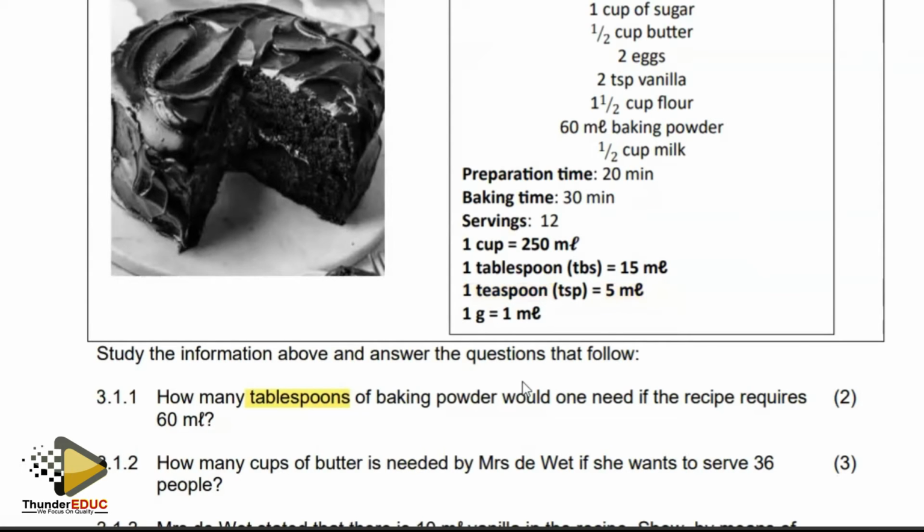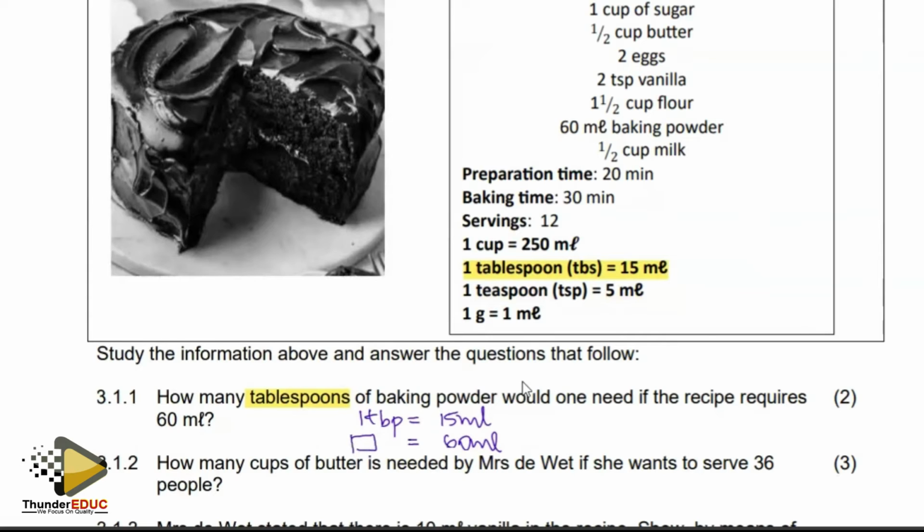We are analyzing this and we shall say 1 tablespoon has 15. So you come here and say, if 1 tablespoon has 15 mils, and you need 60 mils, how many tablespoons would you need?